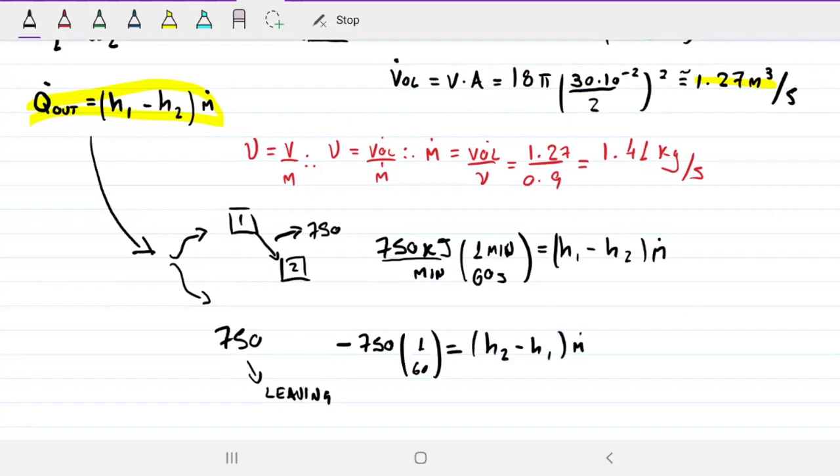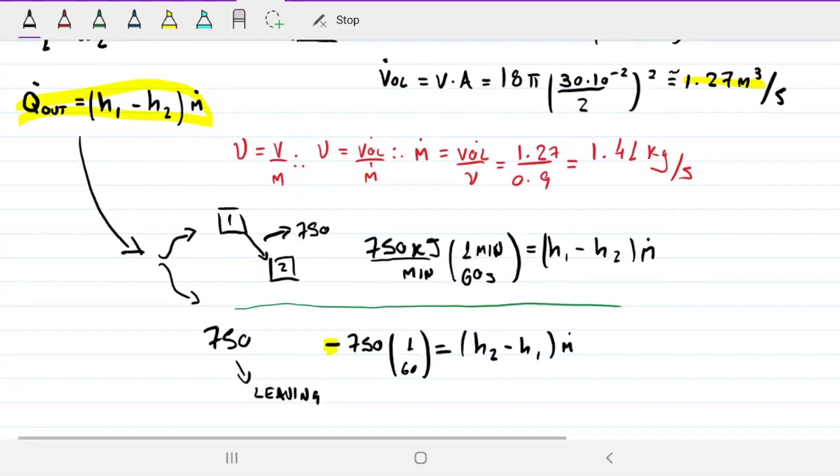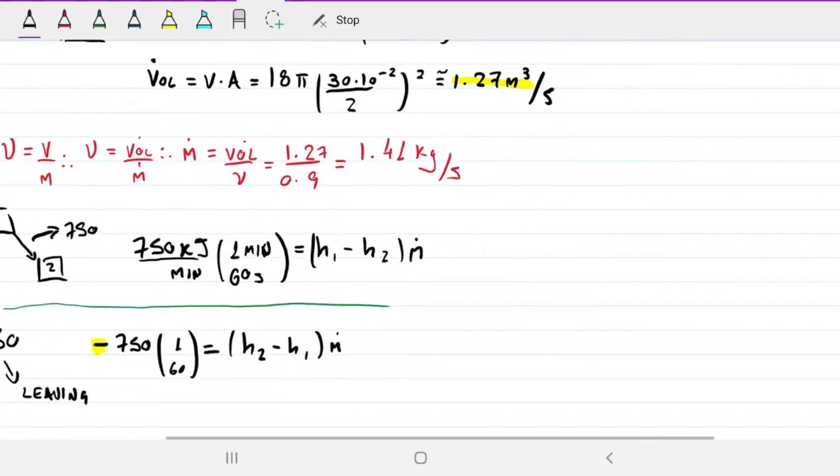Note they are both going to give the same result for H2. The difference is that you don't have to account for this negative value here. Up to you what you choose to do. They're both correct. They're both the same answer by the end of it. Okay, I'm going to stick with the top one.